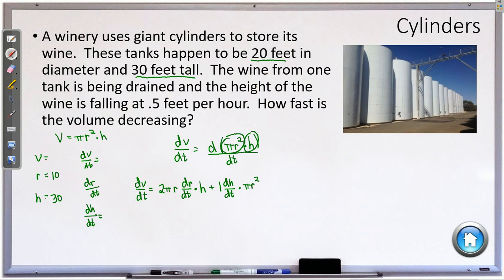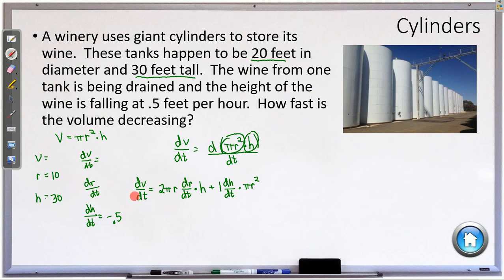The height of the wine is falling at 0.5 feet per hour. So hopefully you can translate that. That is how fast the height is changing. Well, that's dh/dt. So dh/dt is negative 0.5. It's falling negative 0.5 feet every hour.